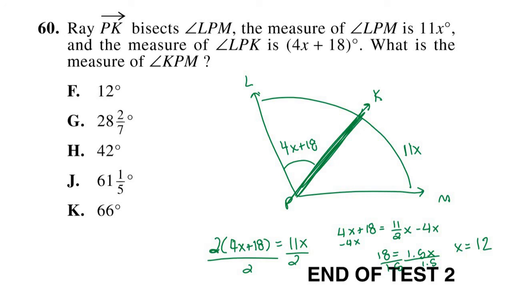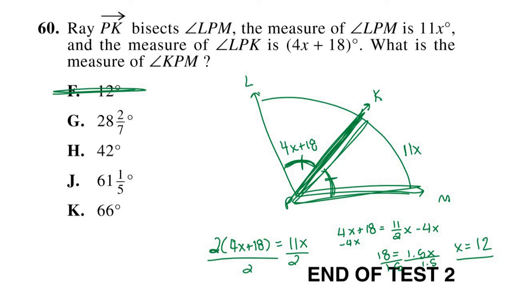So the angle is not 12, so do not choose F, even though it's easy to think that you're done once you solve for x. They want to know what the measure of KPM is, so this angle. And we know this angle is the exact same as LPK. So these two are the same. So if we can find LPK, we can find KPM.